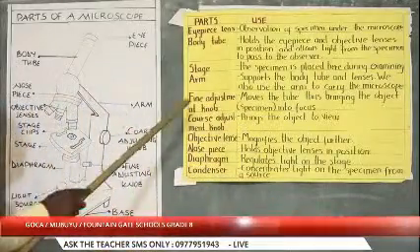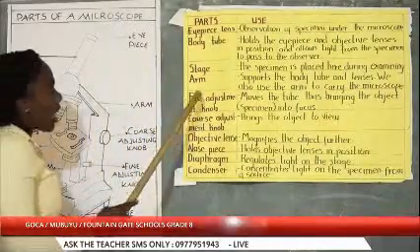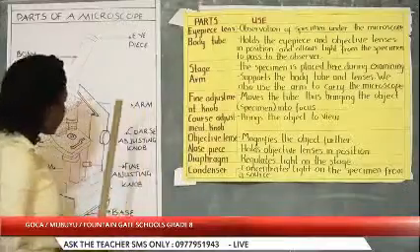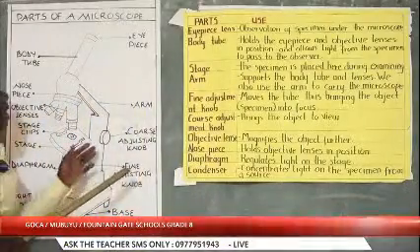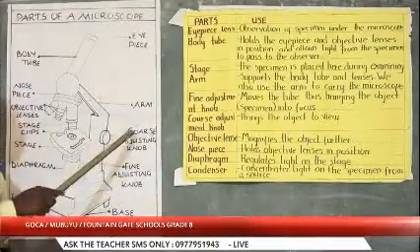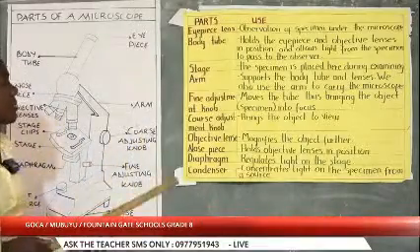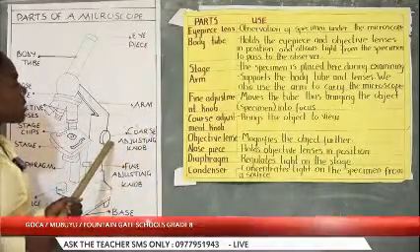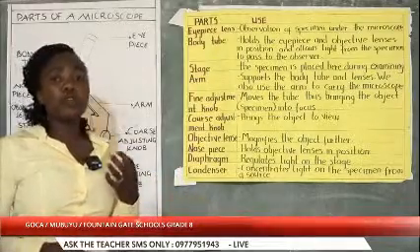Okay, so apart from the fine adjustment knob, we also have the coarse adjustment knob. Where is the coarse adjustment knob on the diagram? It's just above or on top of the fine adjustment knob. So what is the function of the coarse adjusting knob? What does it do? It brings the object to view.